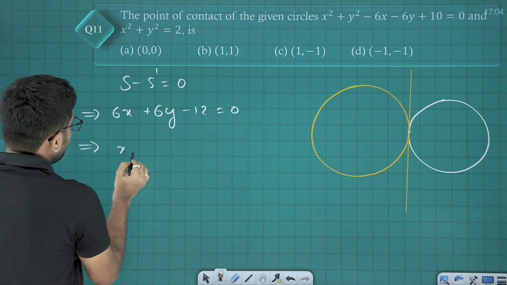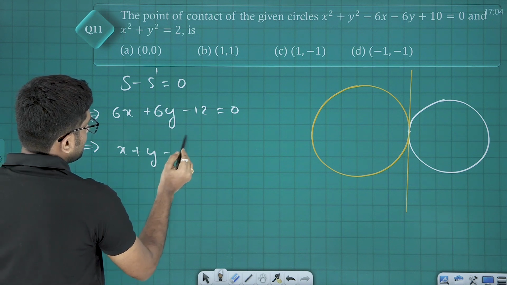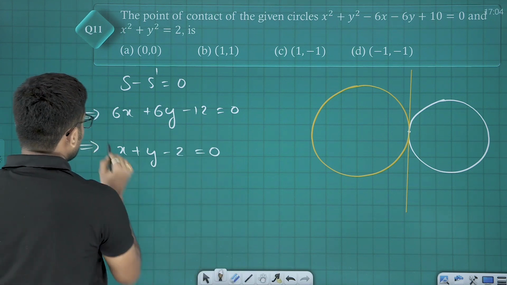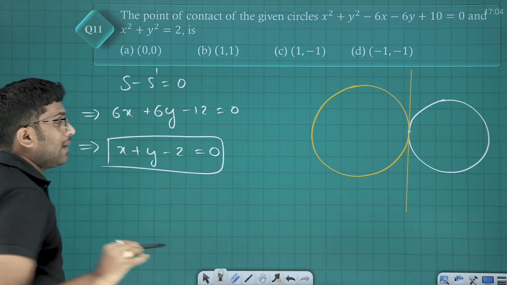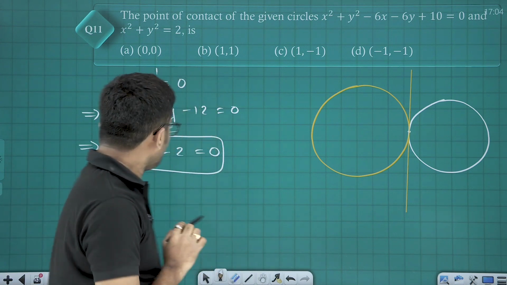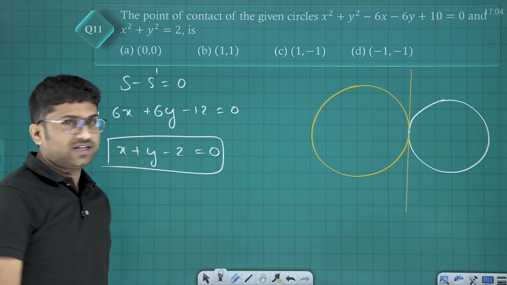So from here we get x plus y minus 2 equals 0 as the equation of the common chord or common tangent, anything is fine.